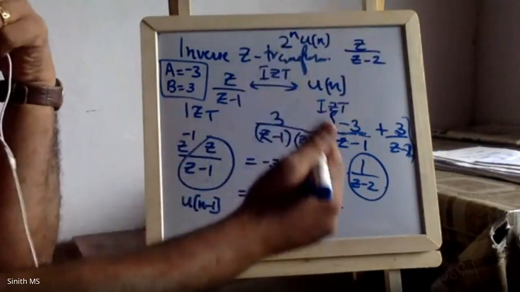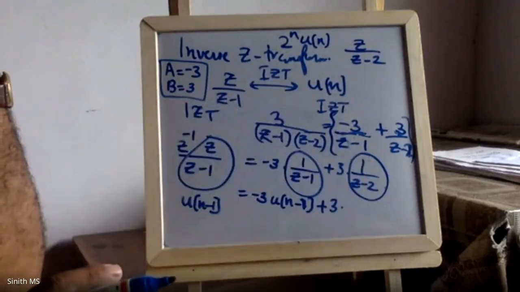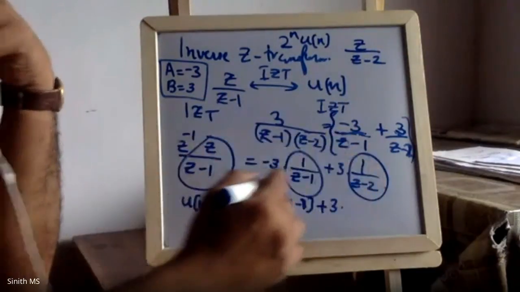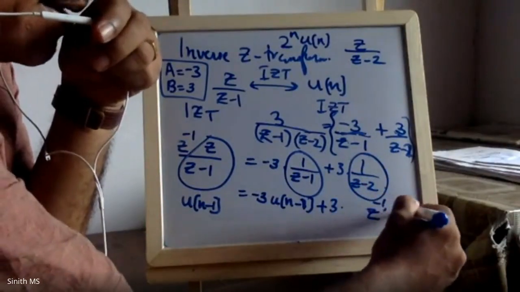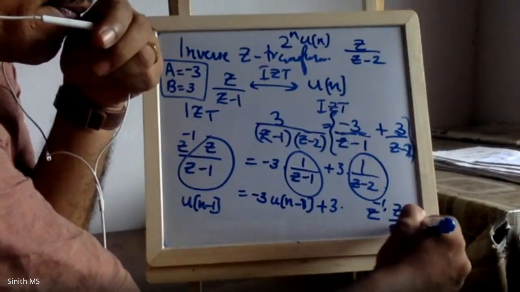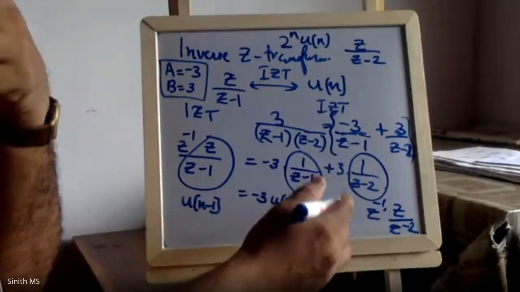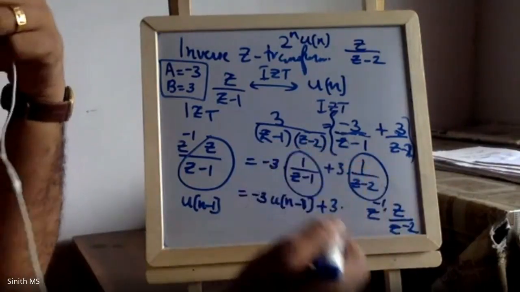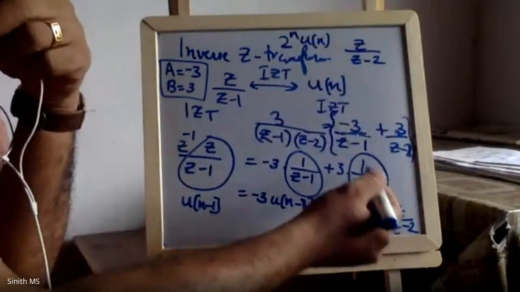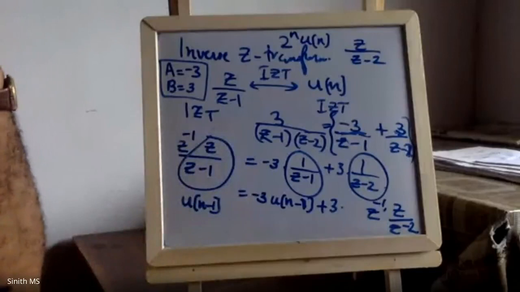Now what will be the inverse transform of 1 by z minus 2? 1 by z minus 2 you can write as z inverse into z by z minus 2. Now can you tell what will be the inverse transform of 1 by z minus 2?